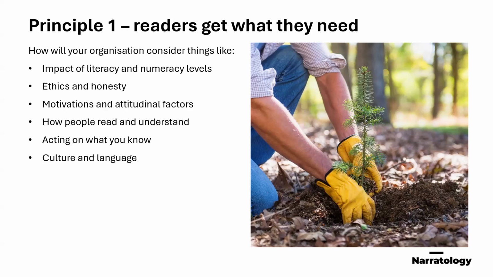Our literacy levels go up and down every day and every year, according to how stressed we are, and according to the disabilities we have at that particular time. But we do need to think of literacy and numeracy levels. But often in the old world, people would stop there. And I think there are so many more things that are actually more important. But that's one thing, impact of literacy and numeracy levels.